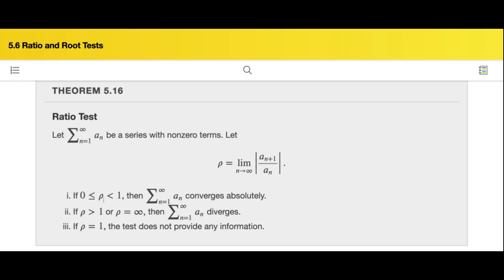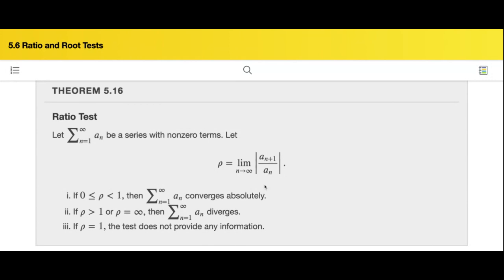So first, if rho is between 0 and 1, less than 1, it could be 0. The limit is non-negative because it's an absolute value, so at least it can be 0. Basically, we're considering this limit less than 1. If this is less than 1, what happens?